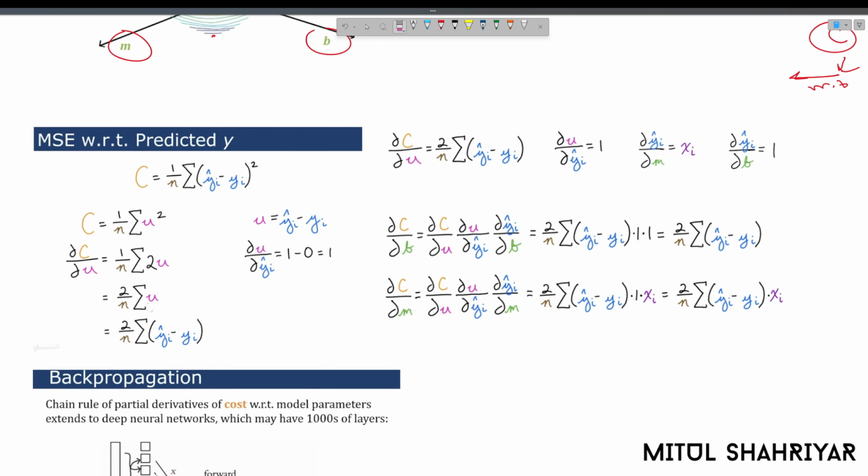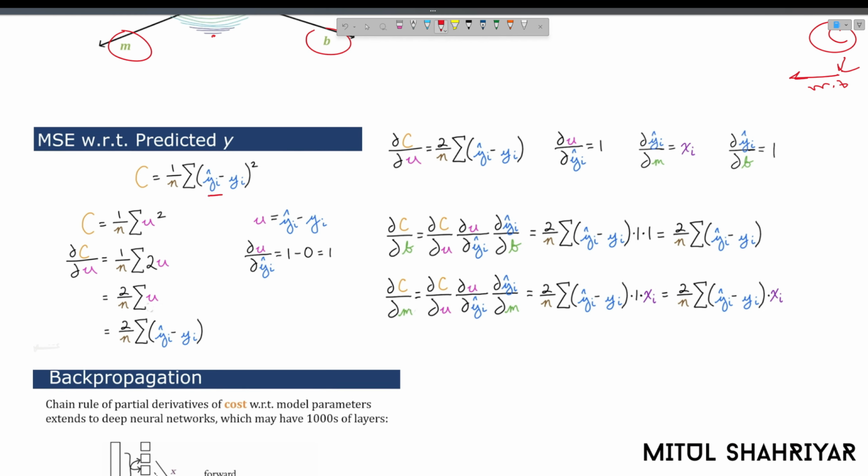So what is MSE? This is one of our cost functions, which we call mean squared error. Here you can see what's happening is we do as earlier.